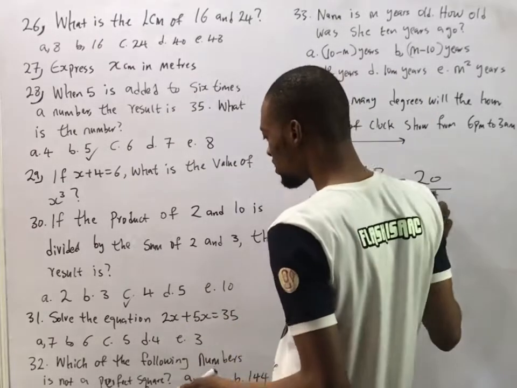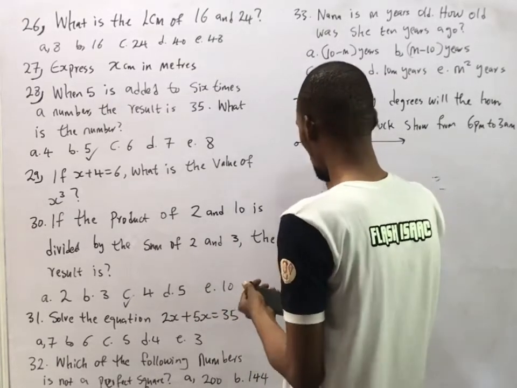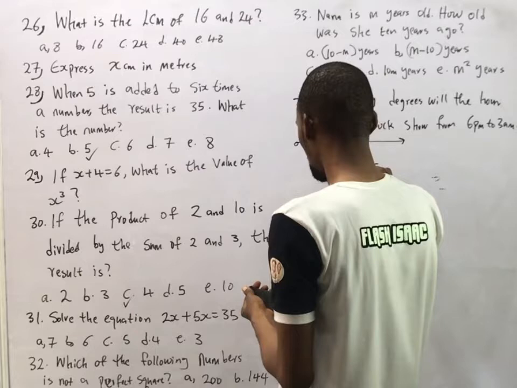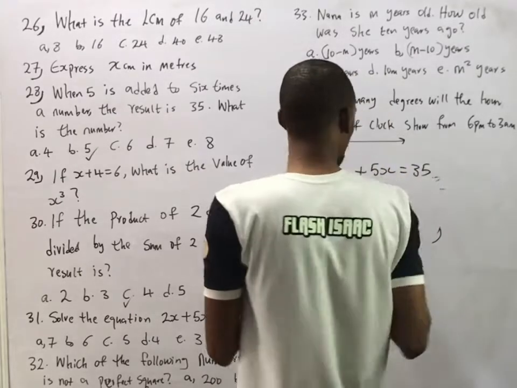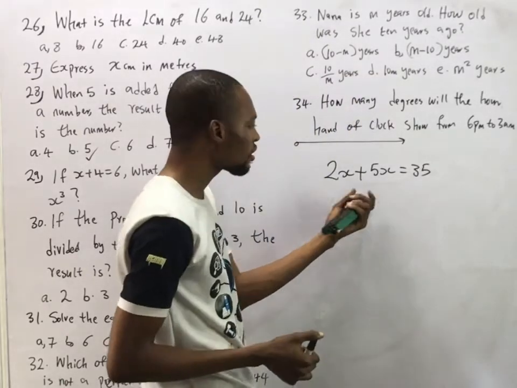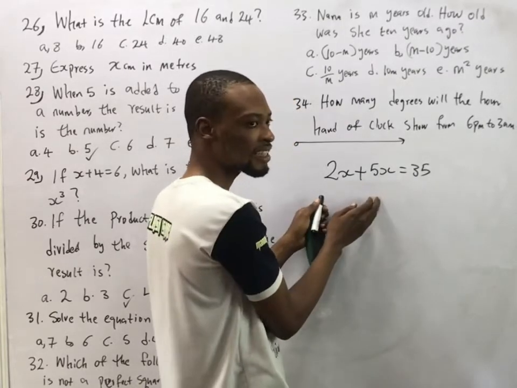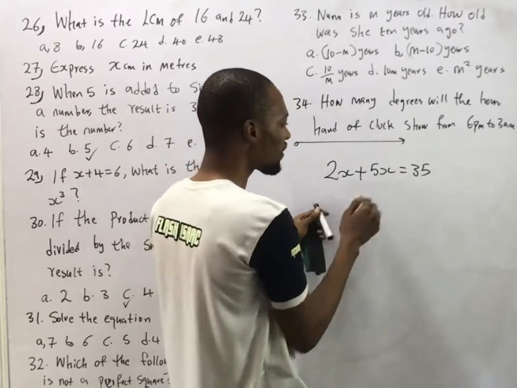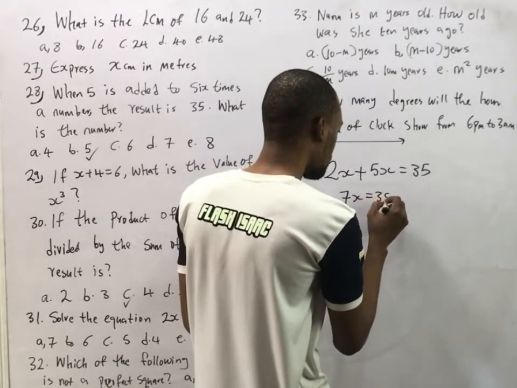Question 31 says, solve the equation 2s plus 5s is equal to 35. So we are asked to solve this equation. To solve the equation is simply straightforward. This is 2s and this is 5s. We can add them. 2s plus 5s is simply 7s is equal to 35.